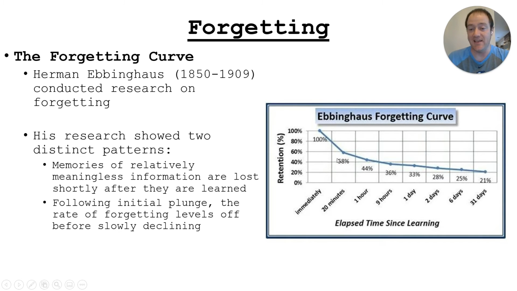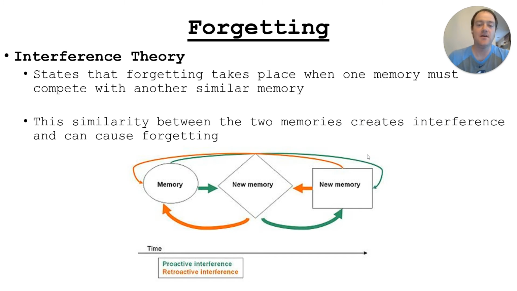There's a sharp drop off very quickly, but then, almost a month later, it's only about a 30% difference. So what it showed was that not only can we forget a lot right off the bat, it also tends to level out over time, and it doesn't drop off at the same rate over time.